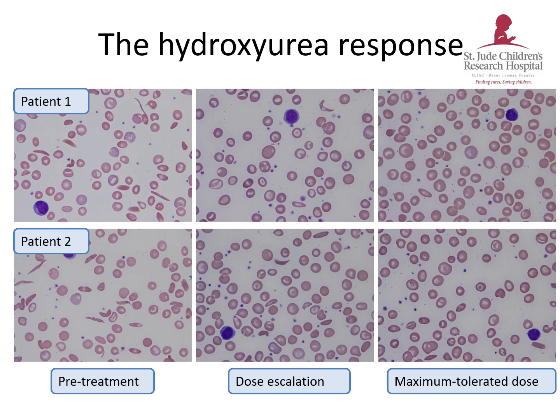This is a slide from my friend Dr. Russell Ware showing the blood smears on patients with sickle cell disease who were treated with hydroxyurea, and you can see that in the left hand side there are many of these long abnormally shaped sickle red cells.